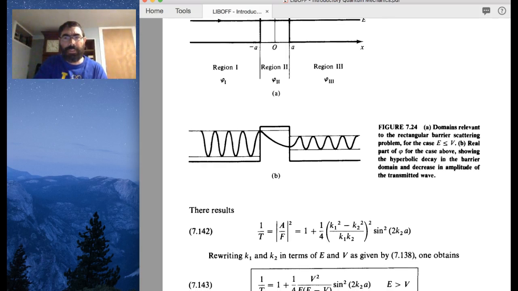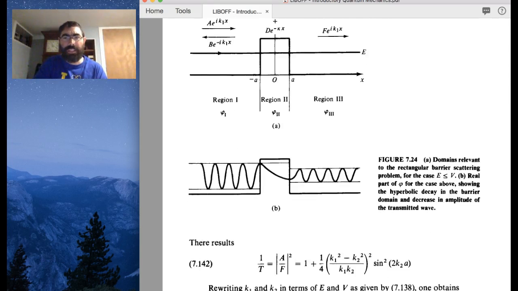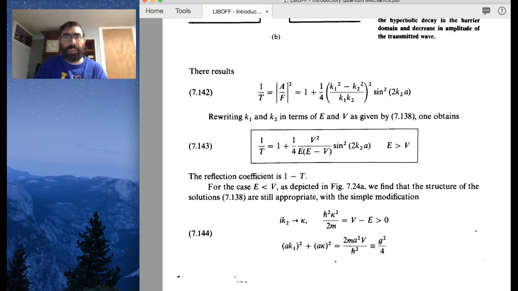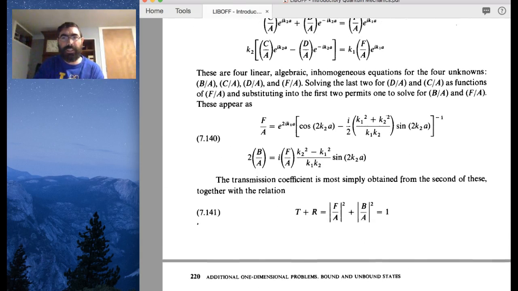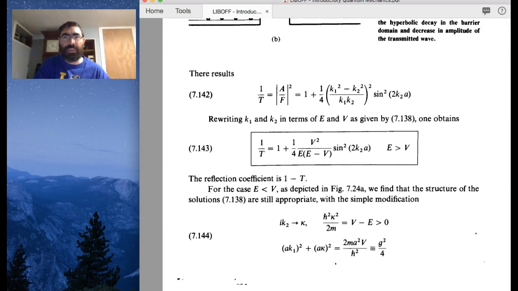So in the end, what you can find is we can now rewrite this as 1 over the transmission probability. So A divided by F, squared, which then gets that big bracketed term out of the denominator. But it's a little bit hard to interpret what is 1 over the probability of transmission.